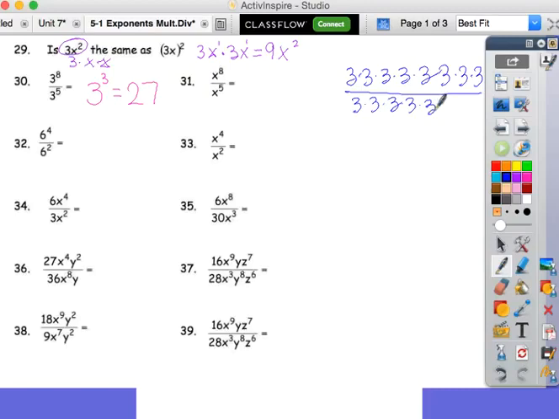Would you agree that we know that a number divided by itself is just 1? So those can cancel and make 1. So all of that is just 1. And you're left with 3 times 3 times 3, or 3 cubed, which is 27.